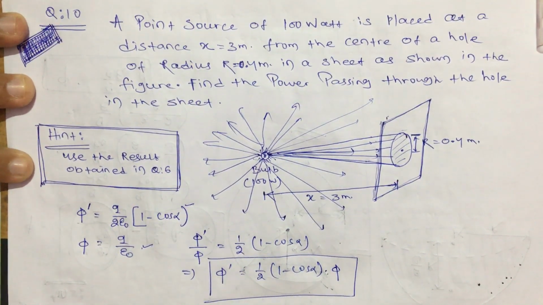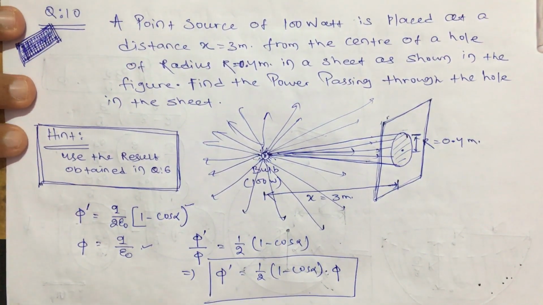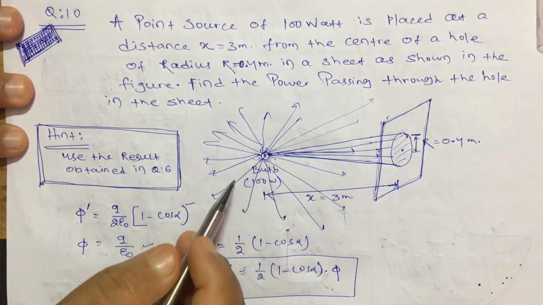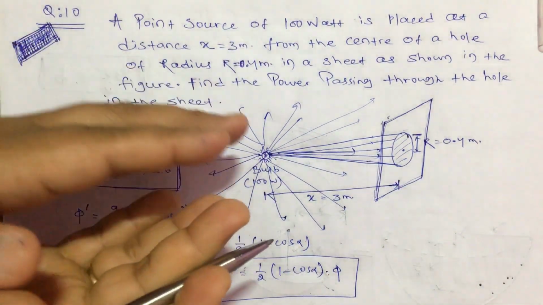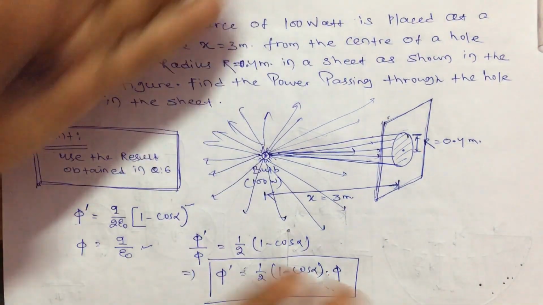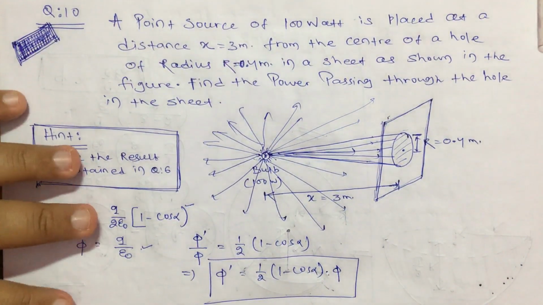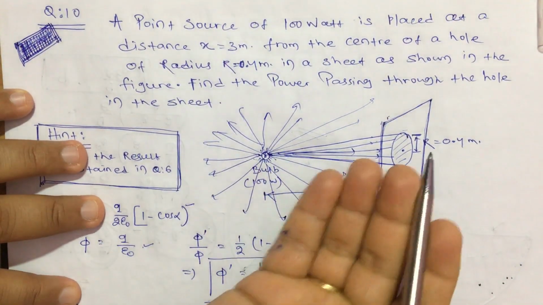Is this clear? Now can you use the same thing in case of light also? Obviously, because in a charge electric field lines are going, from a bulb light rays are going, so obviously we can use this ratio in this question also.